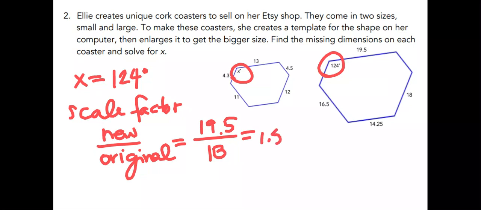Going from the small to the big, I just multiply by 1.5. So if I'm going to go from this side, the small to the big, I'm going to multiply by 1.5. So again, grab my calculator. I do 4.5 times 1.5.